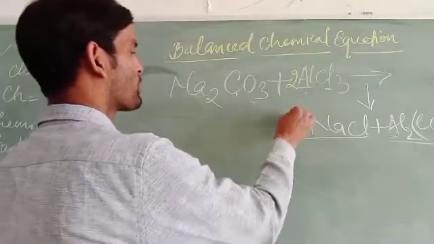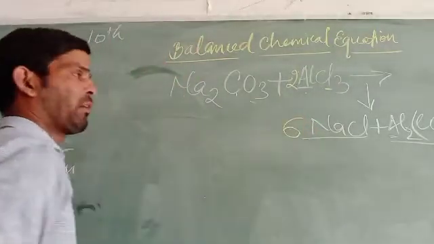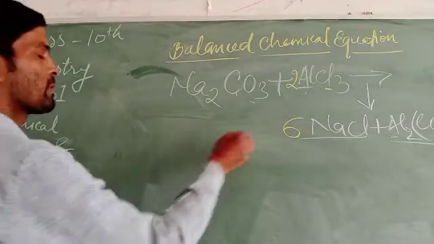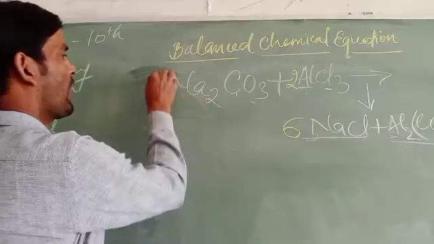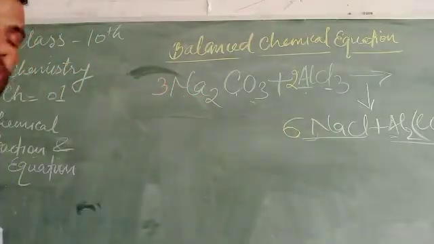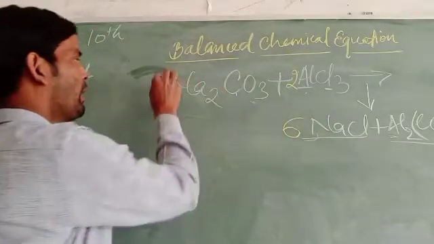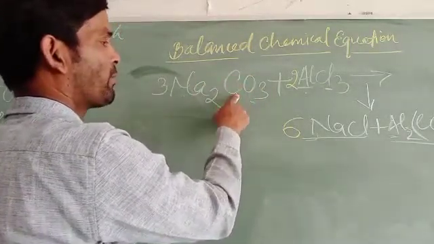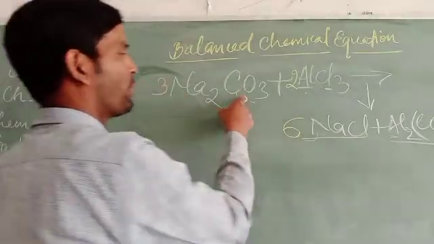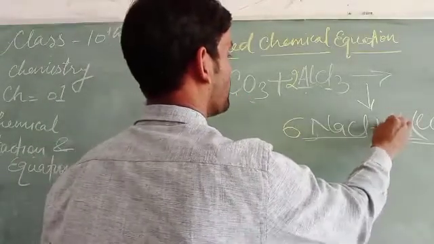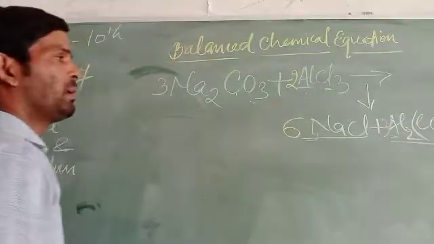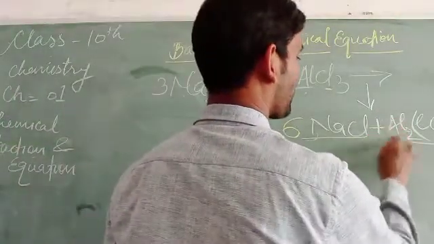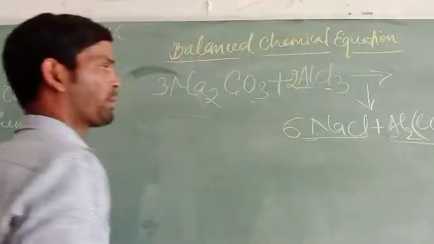So we have to write 6 molecules of sodium here, and here is 3 molecules of sodium chloride... 3 times 2 is 6 molecules. And here is 3 molecules of carbonate. No, this is not required. Here is 3 molecules of carbonate.